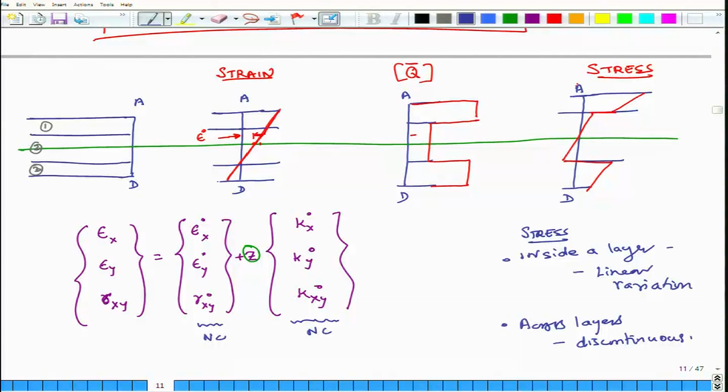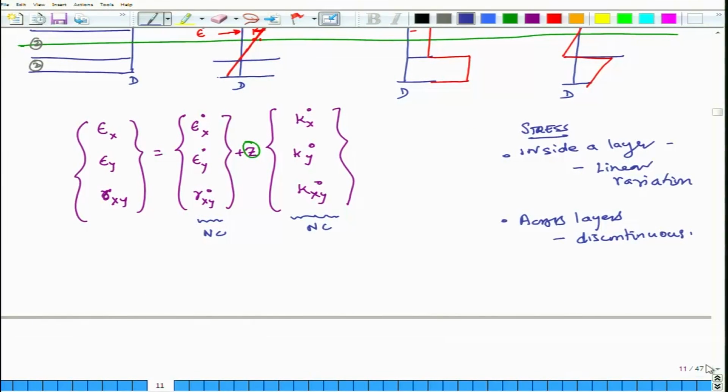Okay. Across layers it is discontinuous, within a layer it is changing linearly. Strain, it changes linearly over entire thickness. Okay. And Q bar matrix, it is discontinuous.